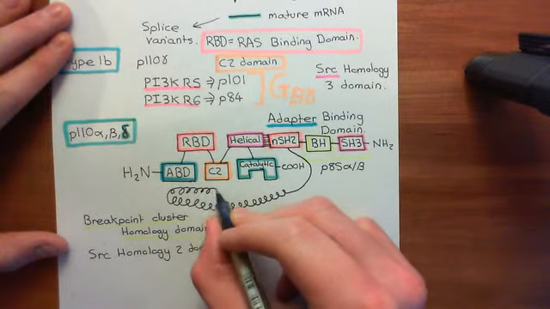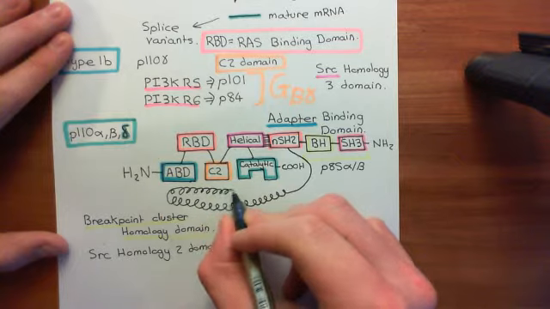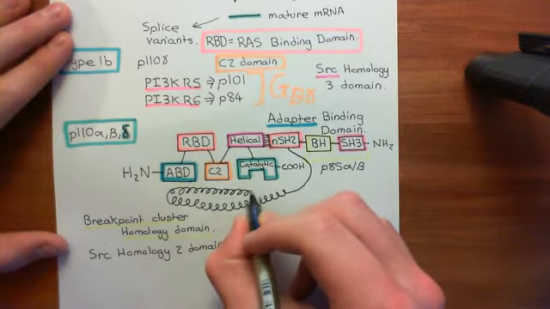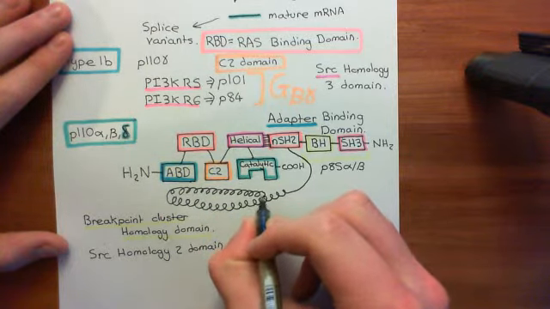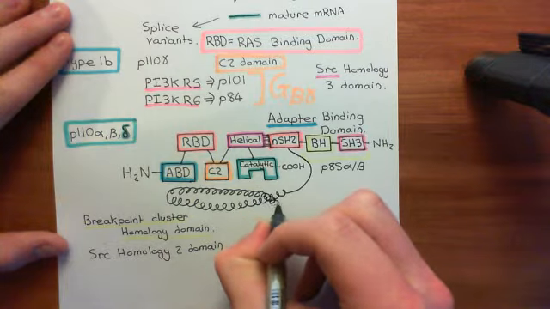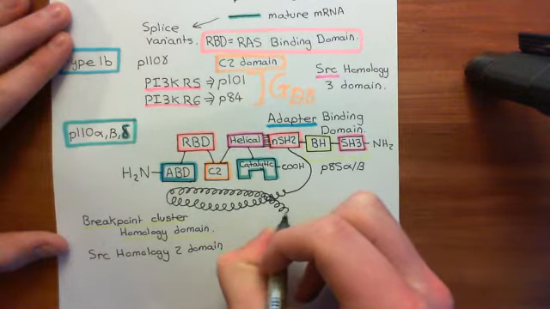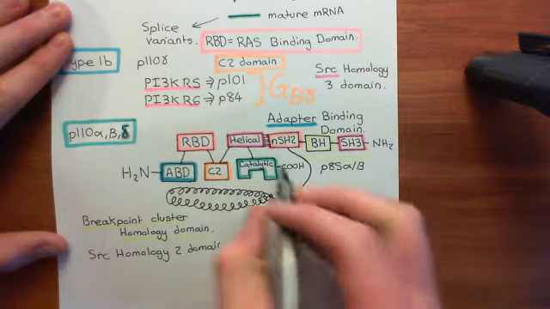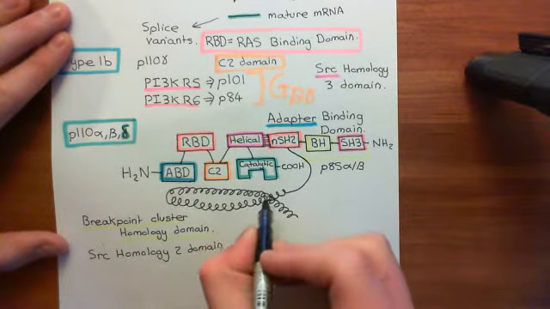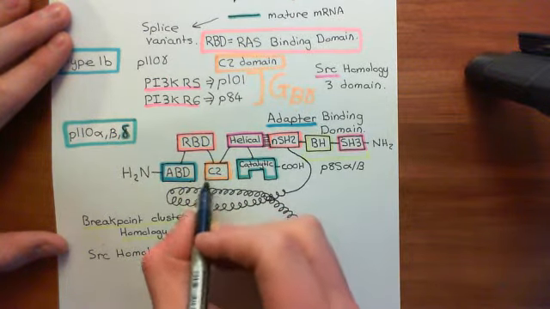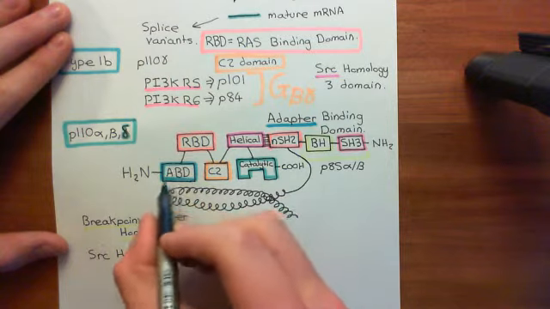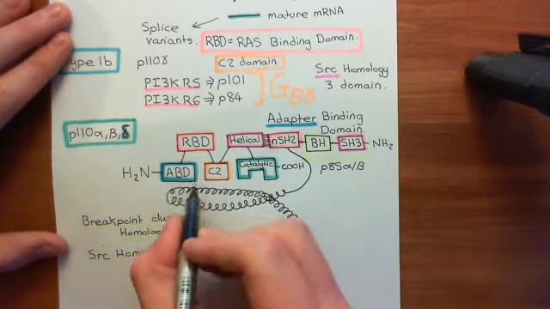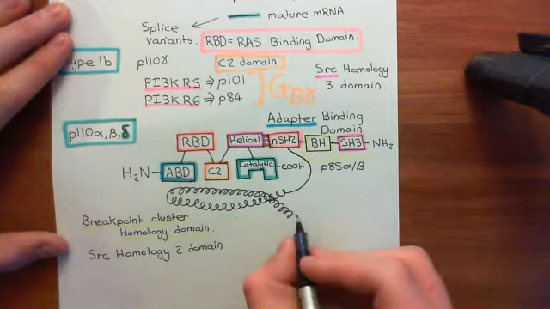So you have these two alpha helices coiled around one another, and this domain is the portion that the catalytic domain of the catalytic subunit of the PI3 kinase enzyme is going to interact with. It's the point that the C2 domain is going to interact with, and it's also the point that the adapter binding domain here in blue is going to interact with.